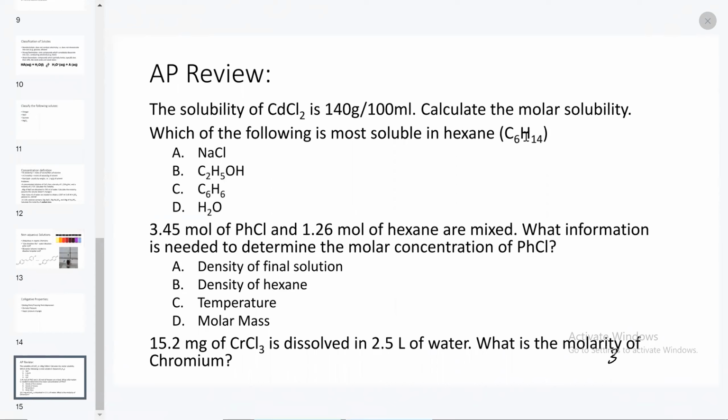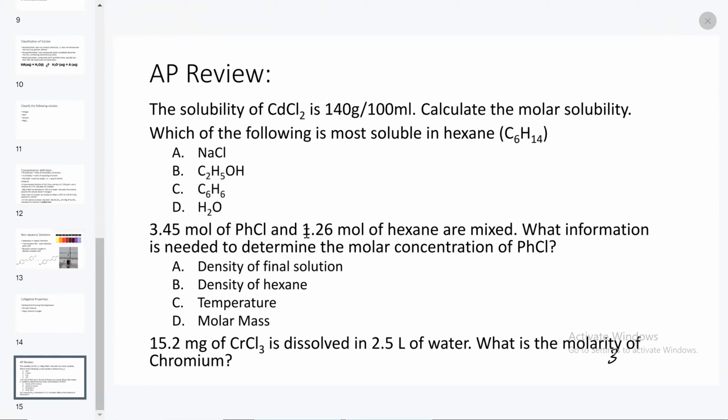Now, NaCl is an ionic compound. It has charges, so it will not dissolve in a nonpolar solvent. This one is also polar. We have this oxygen and this hydrogen. But this one, benzene, will dissolve in hexane because it's very nonpolar. You can see only carbon and hydrogen. Like dissolves like. So pure hydrocarbon. Great. And water is, of course, very polar.